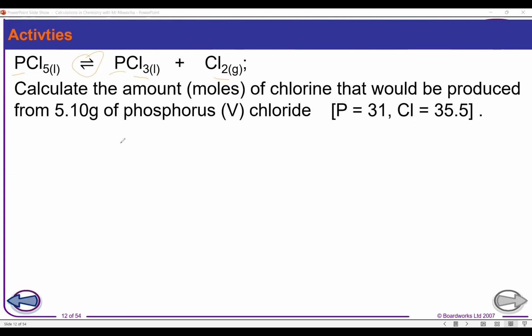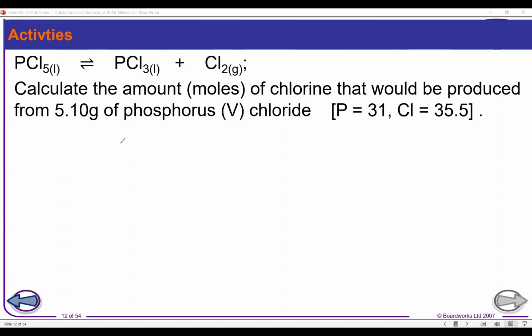Now, easy peasy, ladies and gentlemen, brothers and sisters. Once you get any question like this, I always tell my students, focus your attention on what they want you to calculate and what they give you as information.